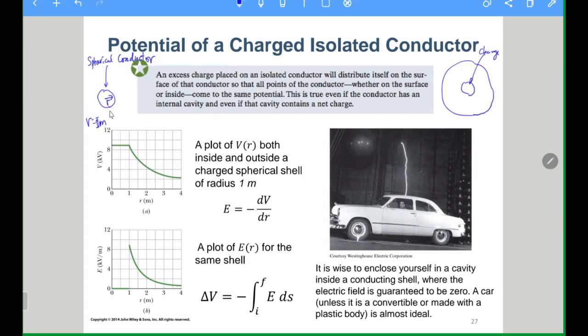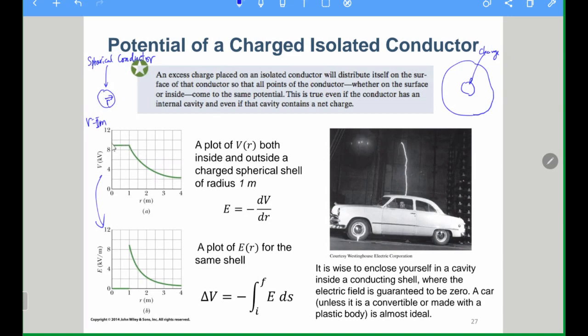If there is some excess charge, it will generate some E field outside, and there will be no E field inside. If you go from here to here, and you already know the potential, the potential inside the conductor sphere will be a constant.